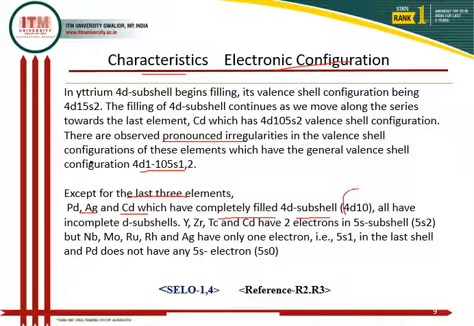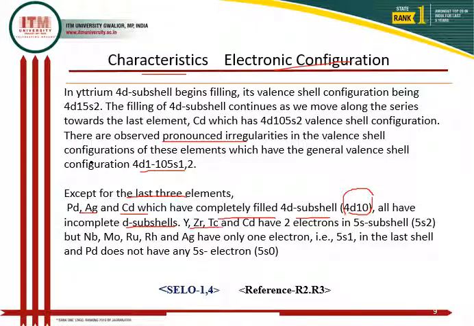So we can say these three elements have the complete 4d10 subshell. All other elements have an incomplete d subshell. So palladium, silver and cadmium have a complete 4d10 subshell.